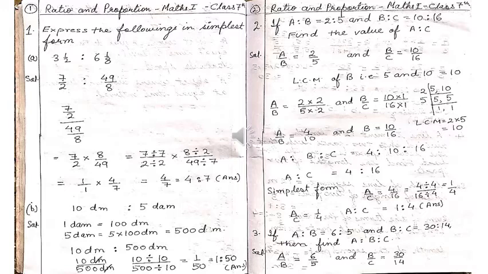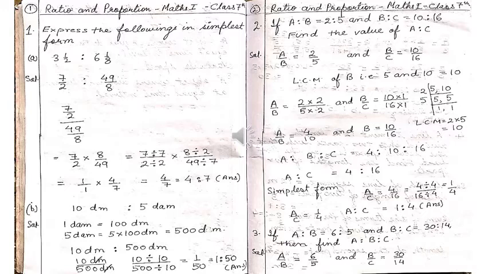Now you further simplify it with 4. Divide both the numerator and the denominator end by 4. So here on the A side it is a 1, and on the C side it is having 4. So A upon C is 1 upon 4, or we can say in the ratio form A is to C is 1 is to 4. Clear? I have discussed both the ways. Whichever way you find easy, you can do it.